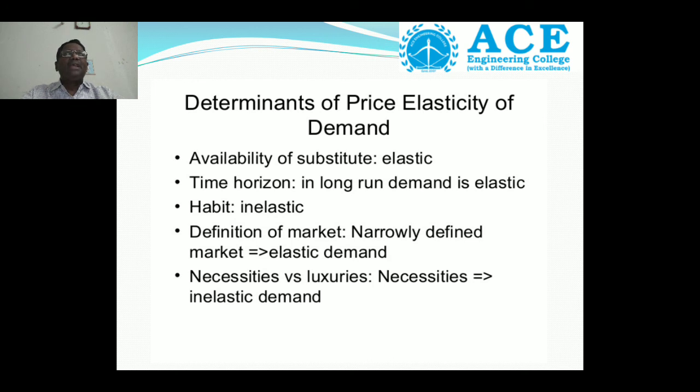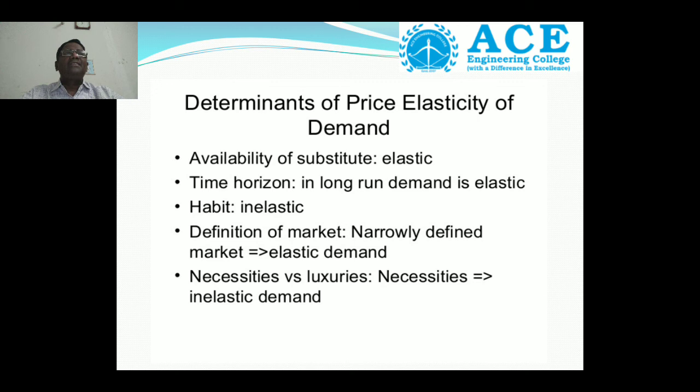Substitute means the equal level of satisfaction derived from a similar product. The equal level of satisfaction derived from a similar product is known as a substitute.